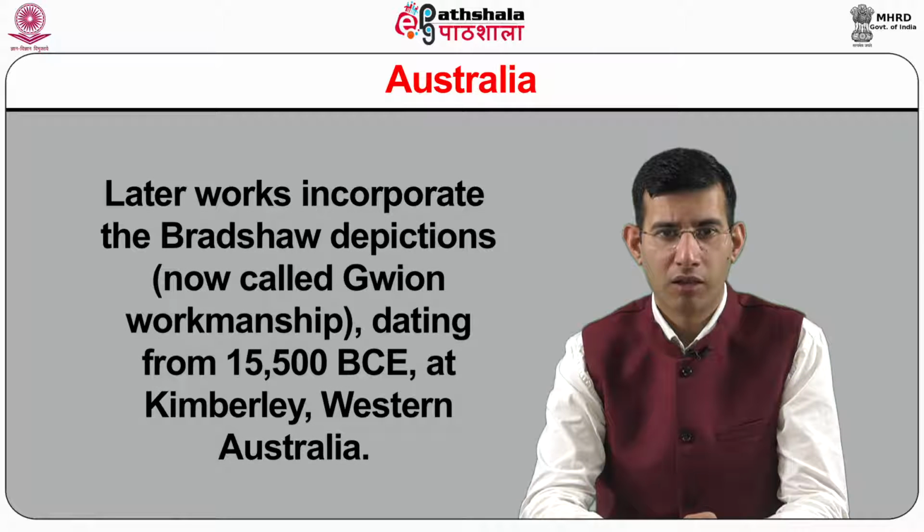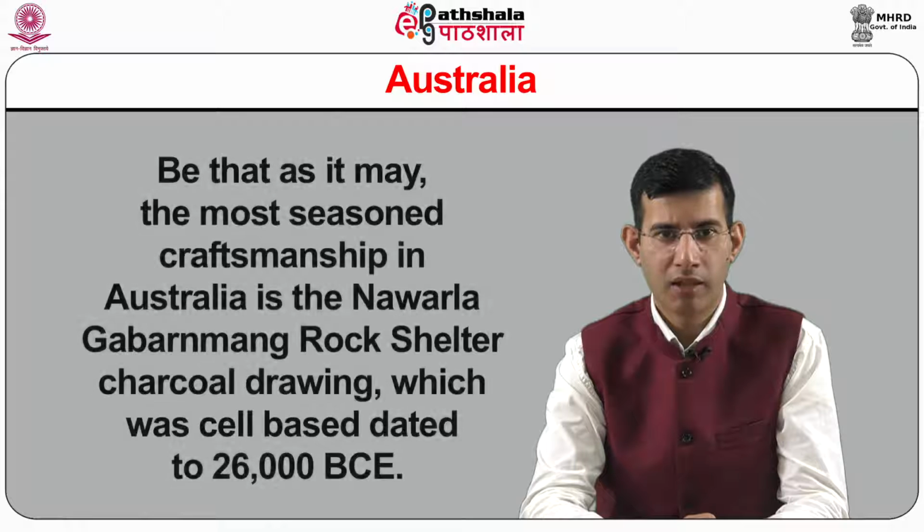Later works include the Bradshaw paintings, now called Gwion Gwion art, dating from 15,500 BCE at Kimberley, Western Australia. But the oldest art in Australia is the Nawarla Gabarnmung rock shelter charcoal drawing, which was radiocarbon dated to 26,000 BCE.